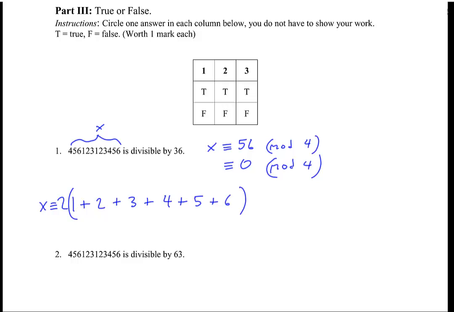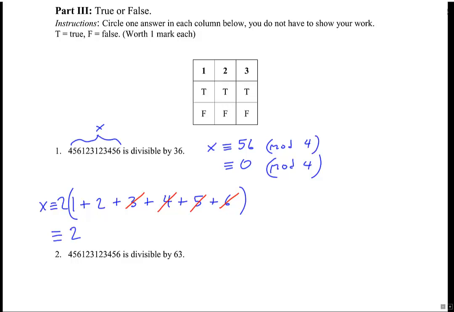Okay, and we get to reduce this one in mod 9. So let's remember that all the 9's actually make 0. So 4 and 5, that makes 0. 6 and 3, that makes 0. So we're not left with too much.